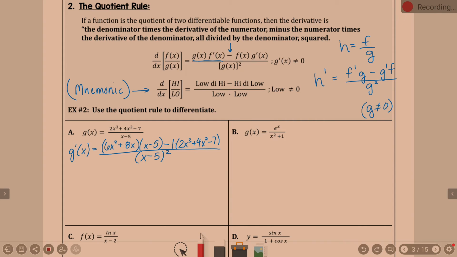I'm not canceling an x minus 5 here and an x minus 5 here because it's subtraction, right? Remember that rule? You can't cancel a factor if it's only in part of an addition or subtraction problem. Now, if there's also an x minus 5 over here, then yeah, we'd have an x minus 5 in the front term, an x minus 5 in the back term, an x minus 5 on bottom. We can cancel it. But just a reminder, okay?